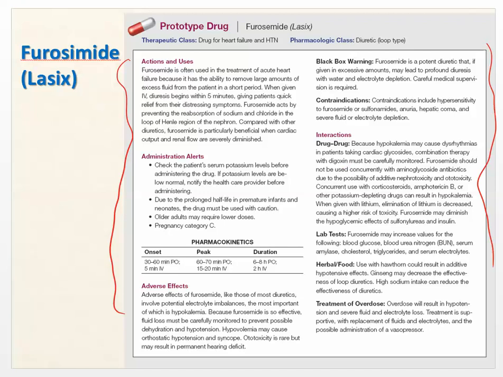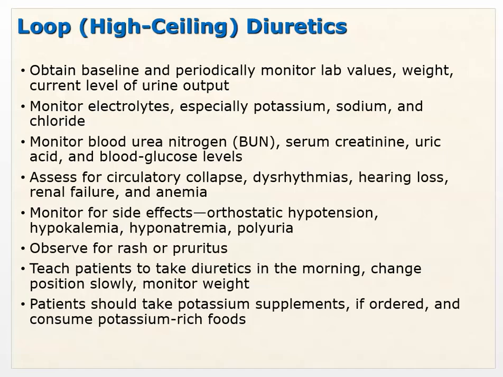Okay, all right, so what are some things to watch out for or to prepare for with loop diuretics? Obtain a baseline, periodically monitor lab values, weight. Sure, weight. If somebody is gaining a lot of weight or losing a lot of weight very rapidly, it's usually water. And since you're messing around with water movement, water excretion, that's something that's going to tip you off very quickly.